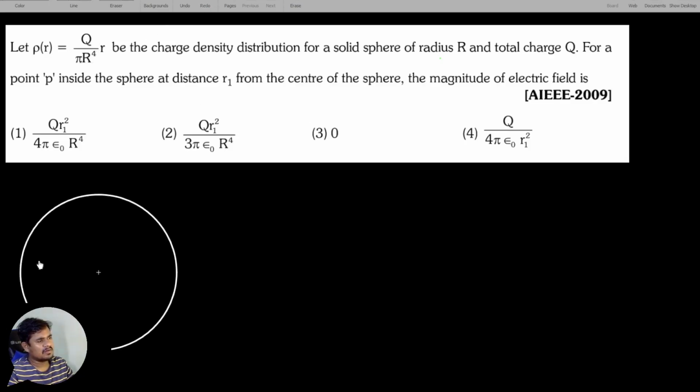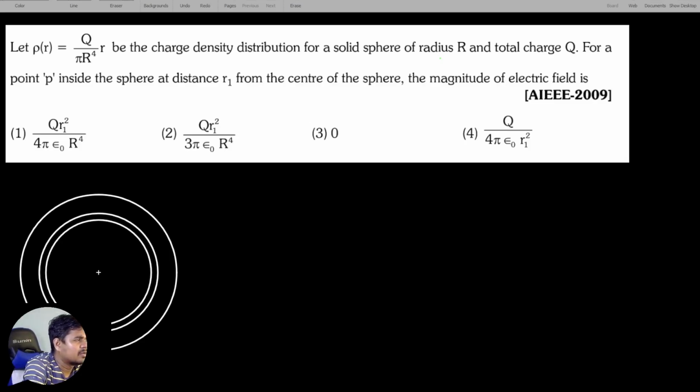So let us consider this as our sphere, and in that we are going to consider a spherical shell of radius r and thickness dr. Okay, and this is basically the strip that I have taken here.